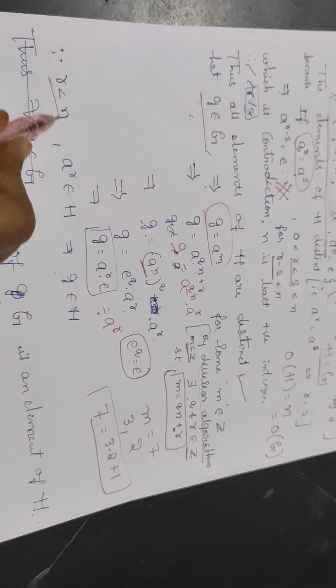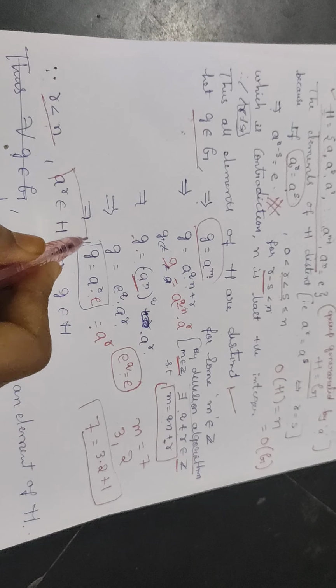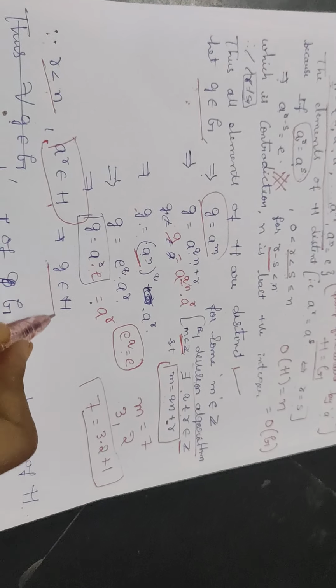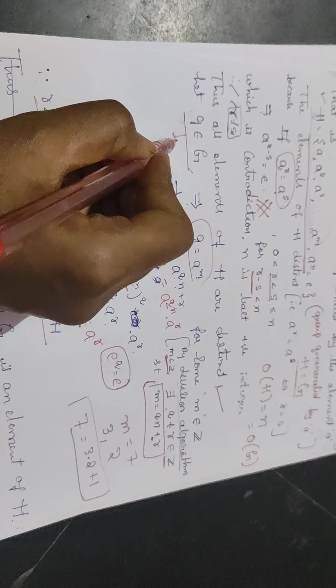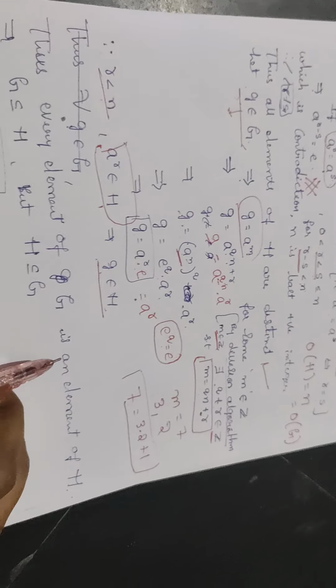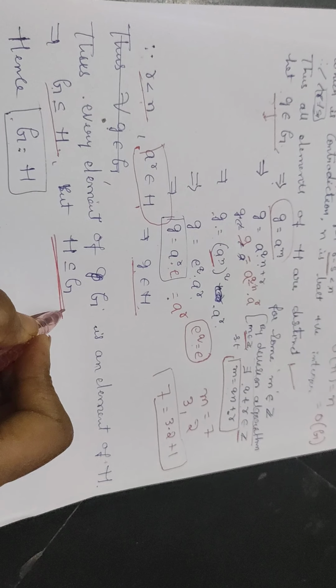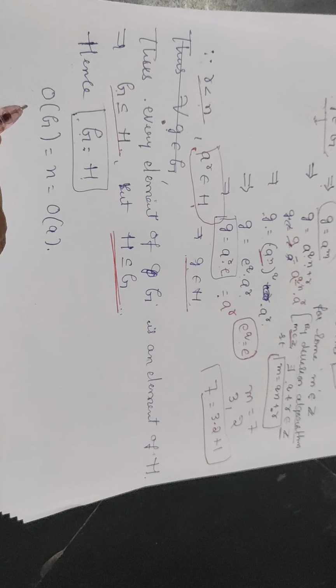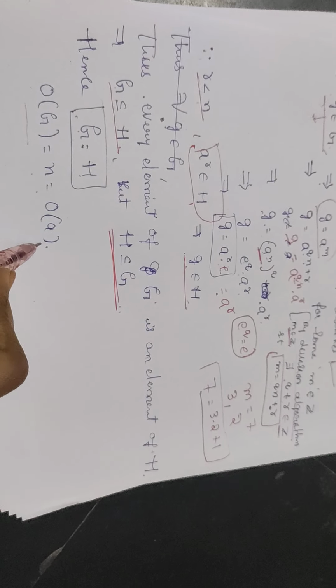But since r is less than n, a power r belongs to H. So this implies g also belongs to H. That means we have taken some arbitrary element belonging to G, and that g again belongs to H. So this implies G is contained in H, because every element of G is an element of H. Therefore G is a subset of H. But we know that H is a subset of G. So this implies G is equal to H. Therefore order of G is equal to n, which is equal to order of a.